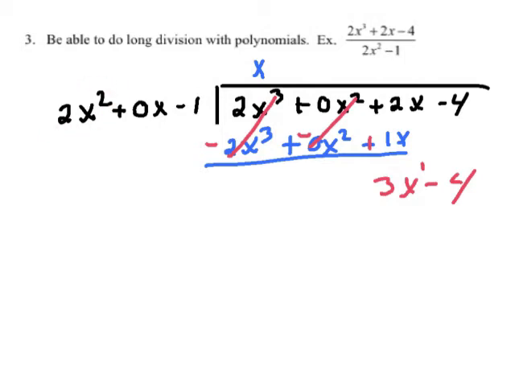That means that this is my remainder. I'm done. So I'm going to put up here plus, and then write it as 3x minus 4 over 2x to the second minus 1. And there is my quotient.